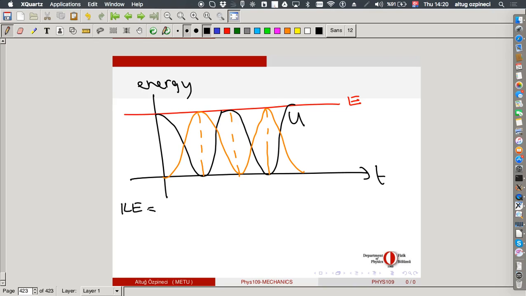So kinetic energy was 1 over 2 m omega squared a squared sine squared of omega t plus phi.